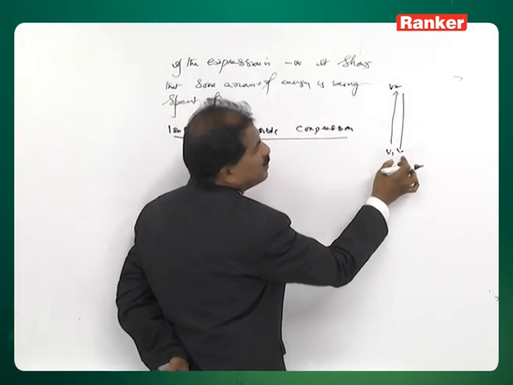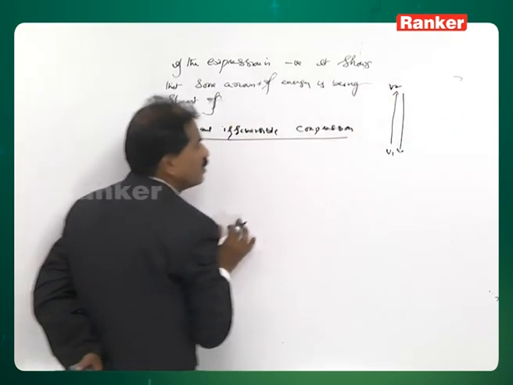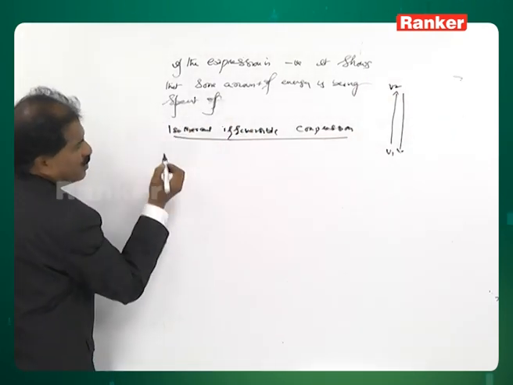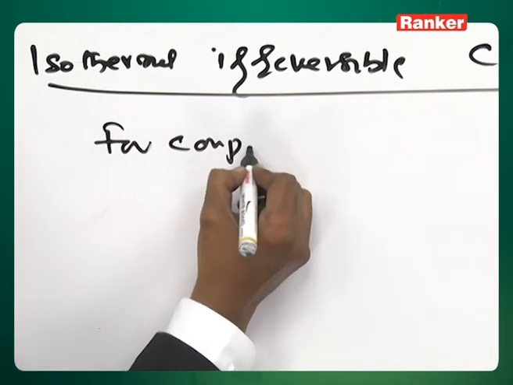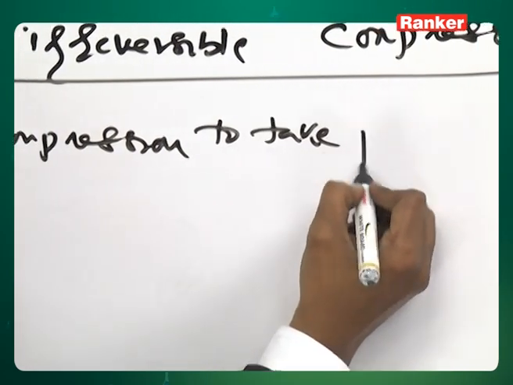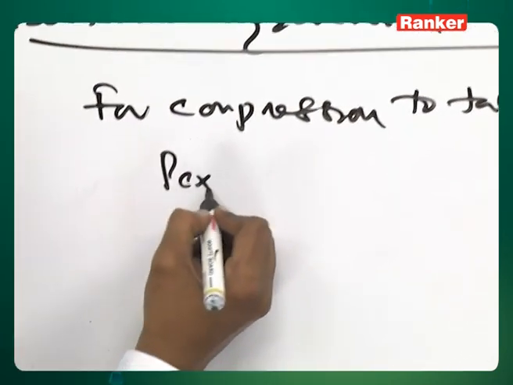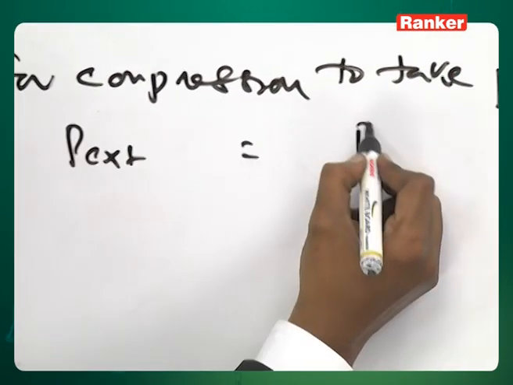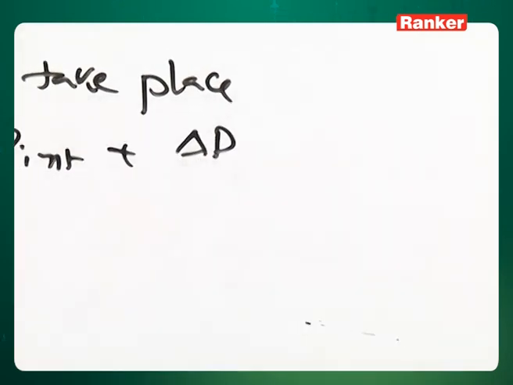During compression, the surroundings, by using their energy, will compress the gas. Therefore, for compression to take place, the P external must be equal to P internal plus del P.